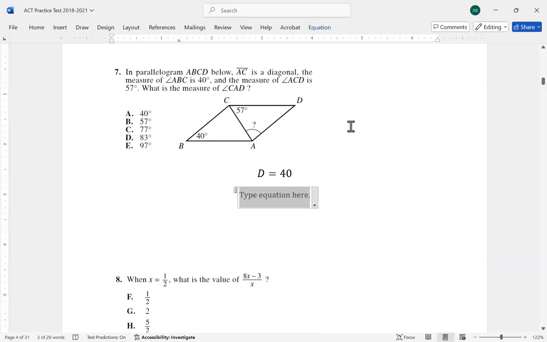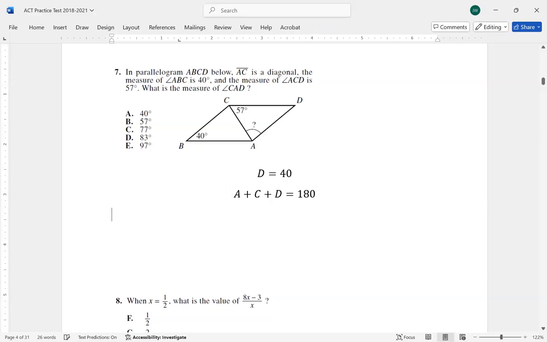Because they form a triangle, the three angles have to add up to 180 degrees. I don't know what the angle at A is, but it told me that the angle at C is 57 degrees. And we just said that the angle at D is 40 degrees. So we get A plus 57 plus 40 is equal to 180.